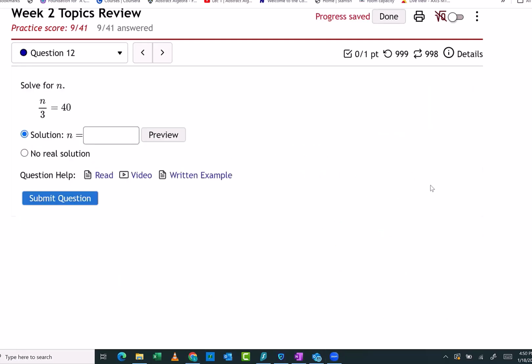And here we have division because n over 3 is the same as n divided by 3. Remember, we have to do the opposite operation. I want to get rid of that 3 that's with that n because I want n equals.